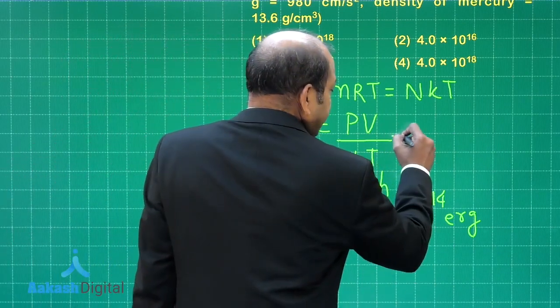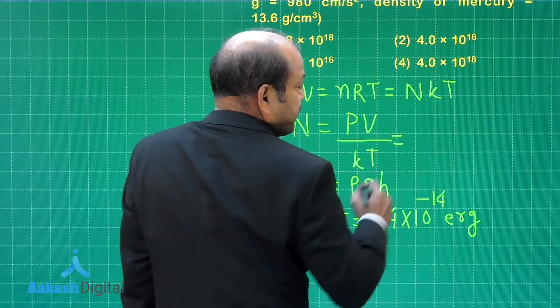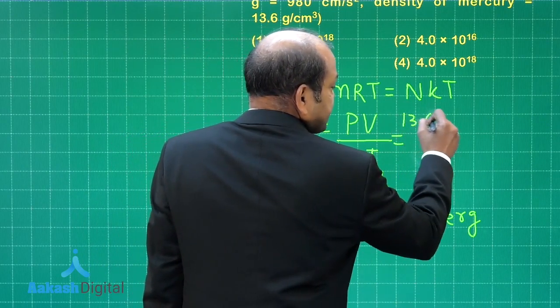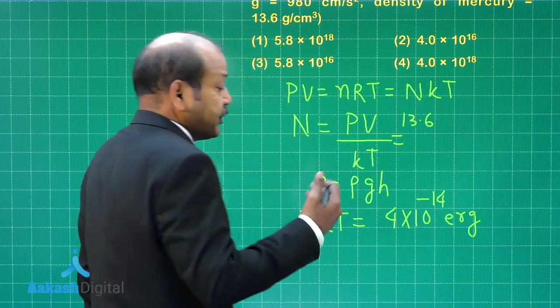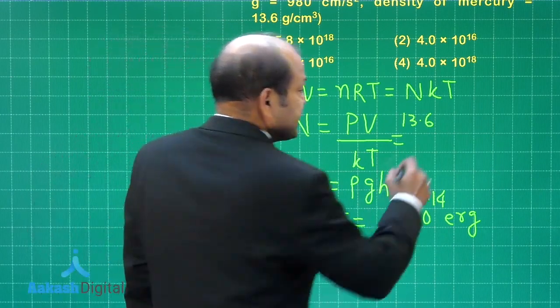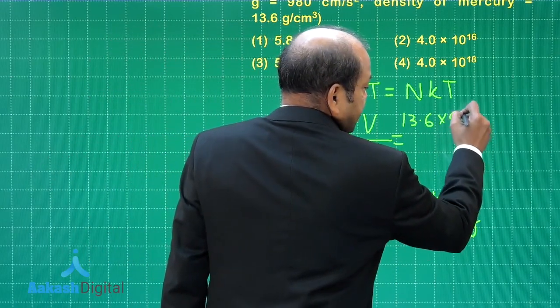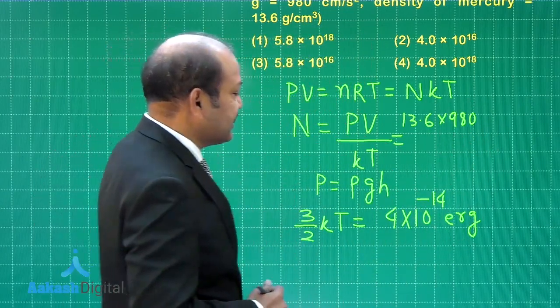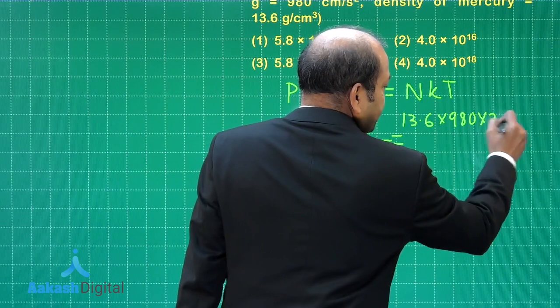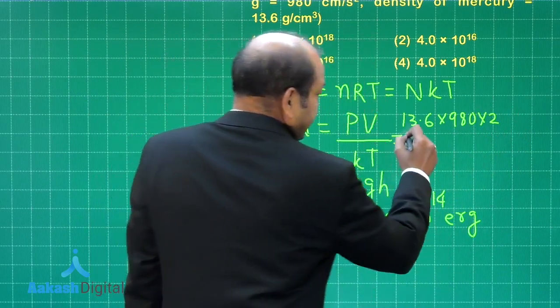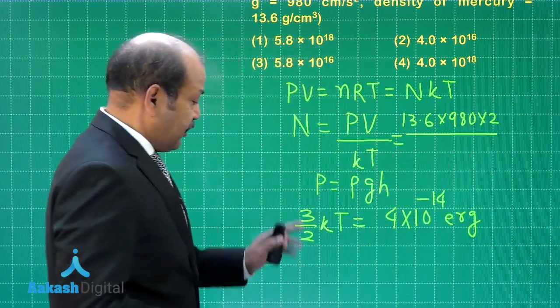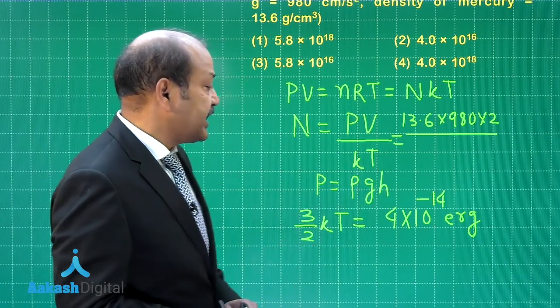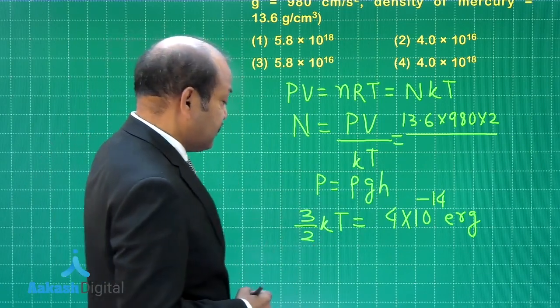So the number of molecules is 13.6 times 980 times 2 times the volume, divided by 8 into 10 to the power minus 14 divided by 3.